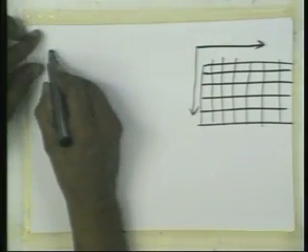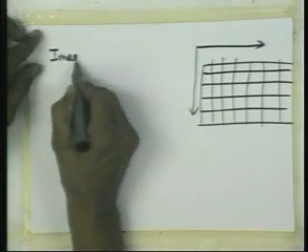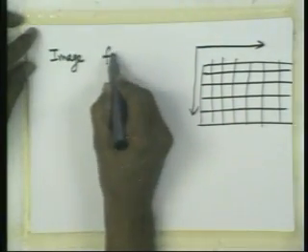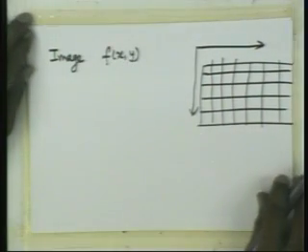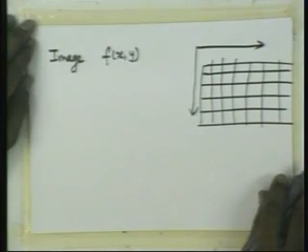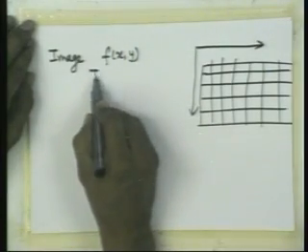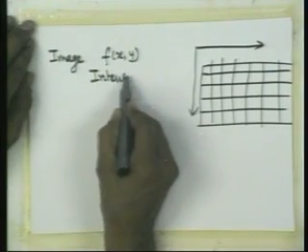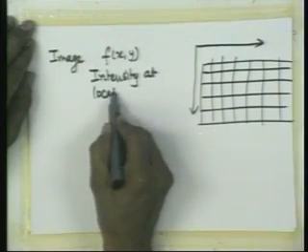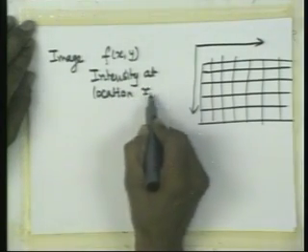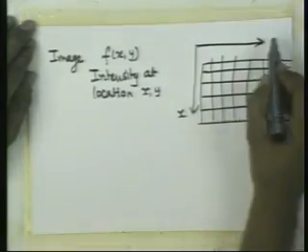So my image is written as a function of x, y, which is the intensity at location x comma y, x being this, y being this.